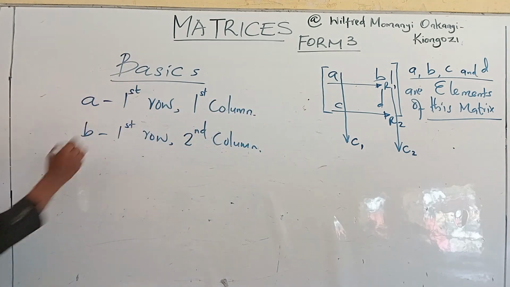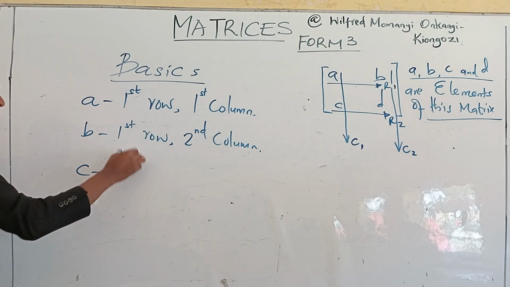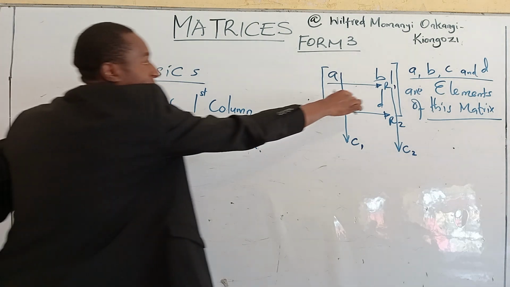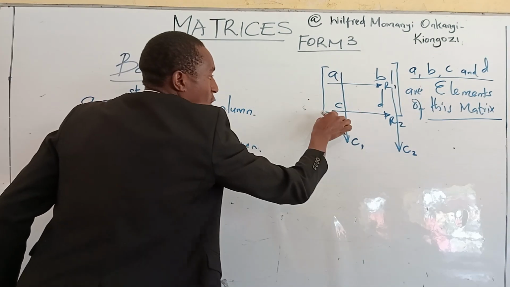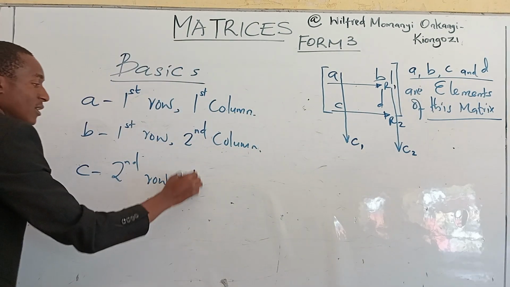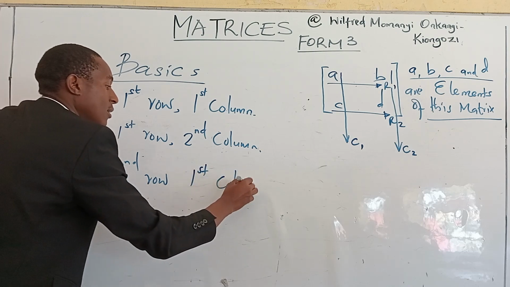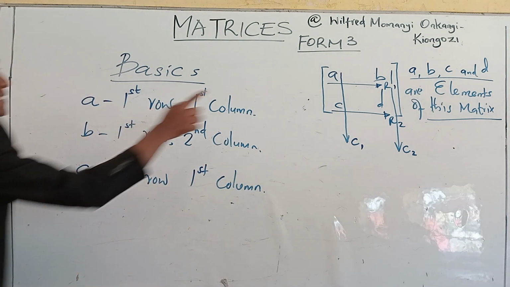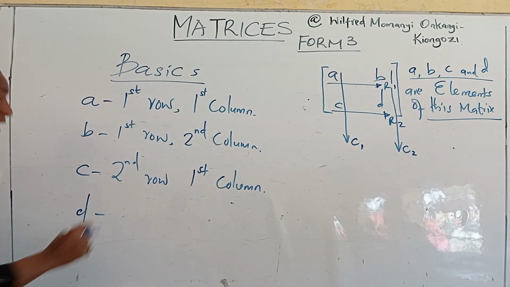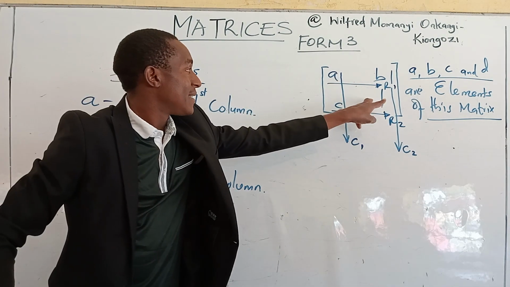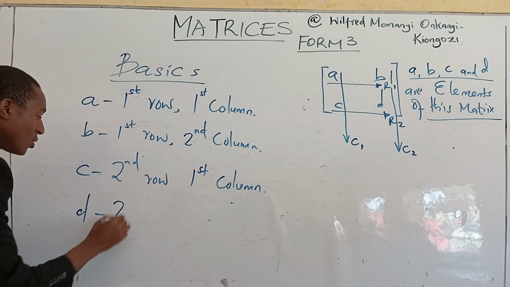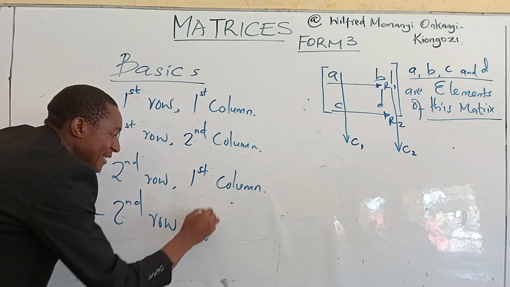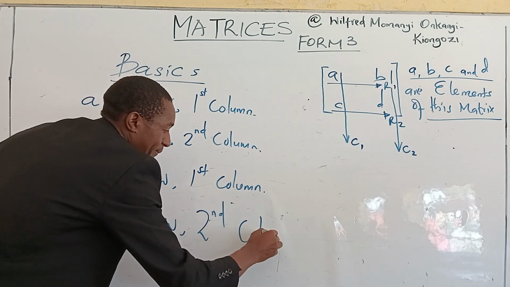Quickly, we go to C. C is in the second row, first column. And then D. D is in the second row, second column.